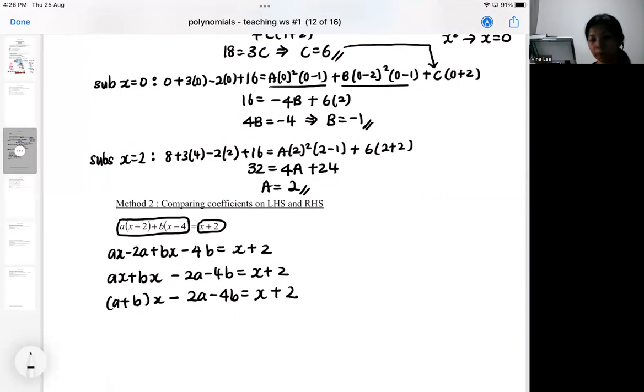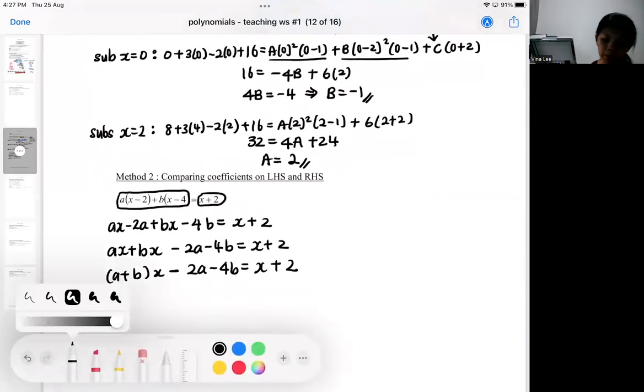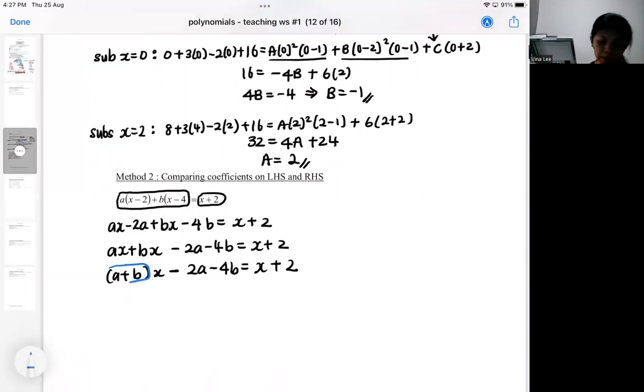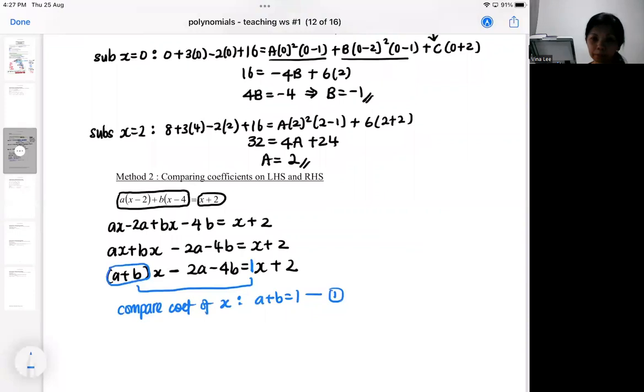So what will you be comparing? When we say we compare the coefficient, this is the coefficient of x, and this is the coefficient of x. If I compare the coefficient of x, I will get a plus b equal to 1. That looks like your Sec 2 simultaneous equation.